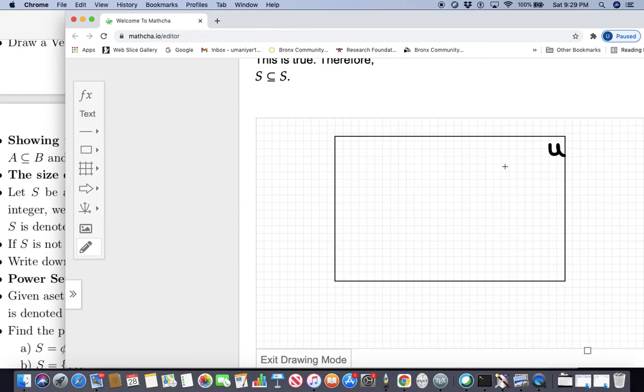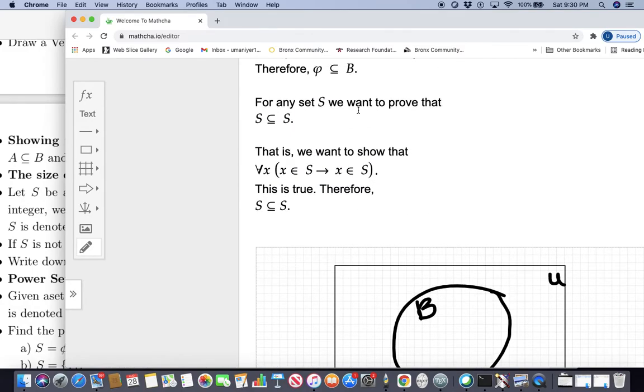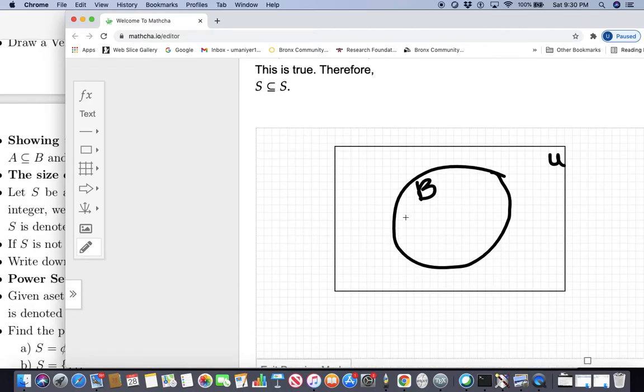Suppose I have a set B. Now you see, we already know so far that every set is a subset of itself. So B is a subset of B, but I want some set which sits inside B, but it is not the whole of B.